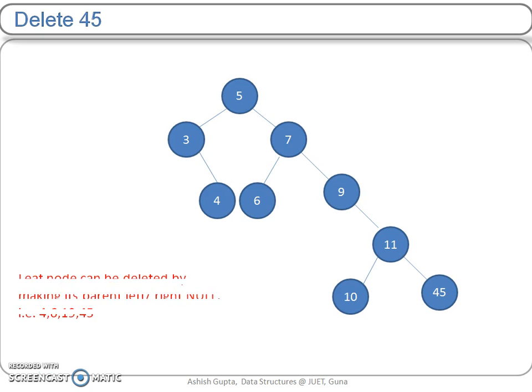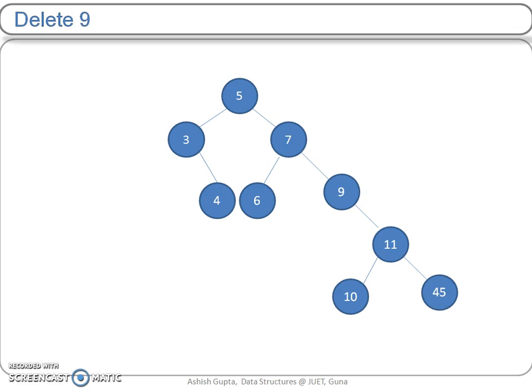To delete a leaf node, we simply delete this node by making its parent's pointer null. So this 45 is directly deleted, and the right child of 11 becomes null. A leaf node can be directly deleted from the tree without any complication.